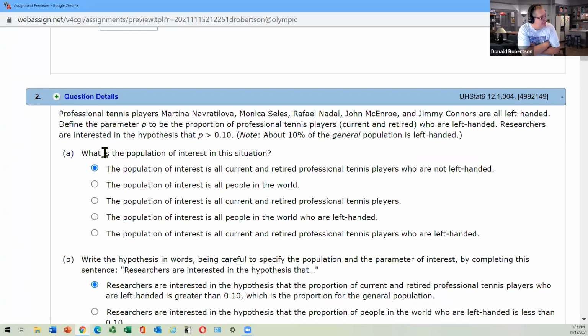Professional tennis players, Martina Navratilova and a whole load of other ones, are all left-handed. Did you know that they were left-handed? Which is where my idea of left-handed comes from.